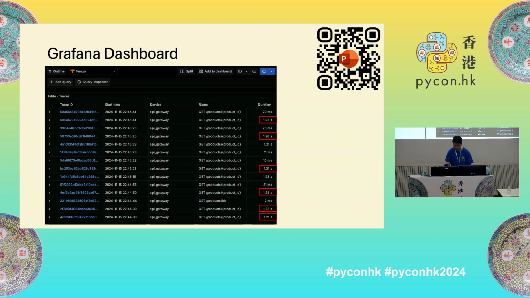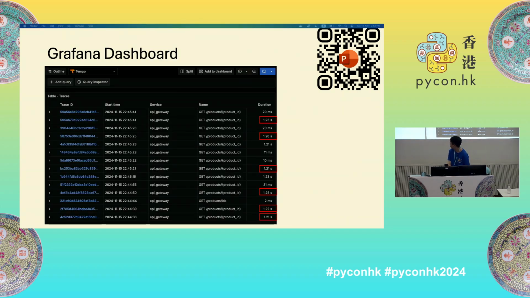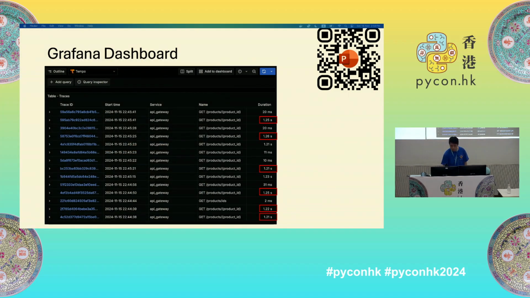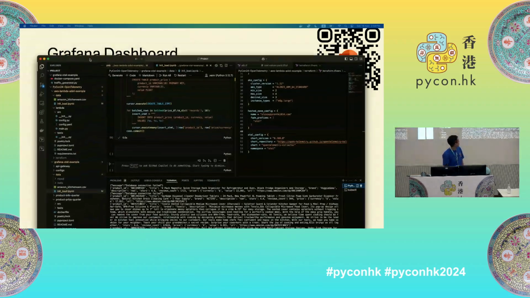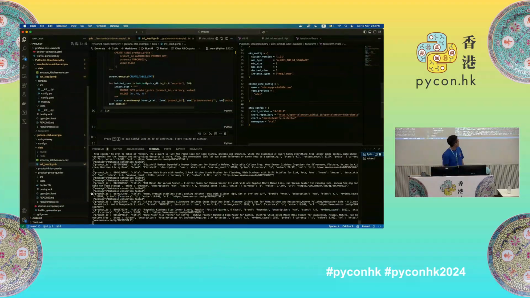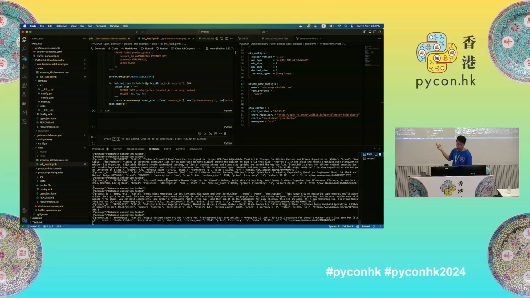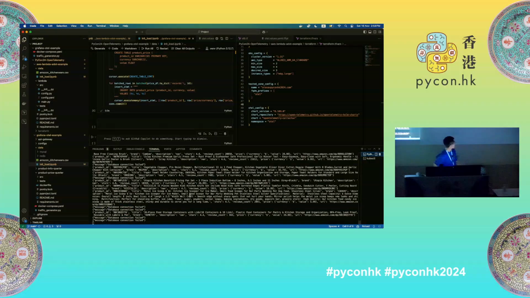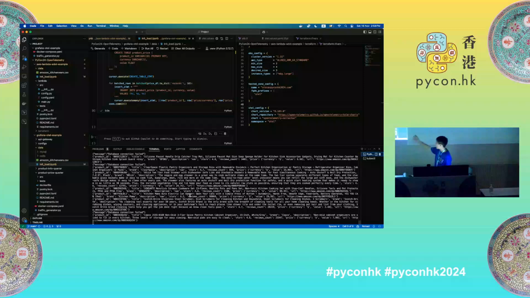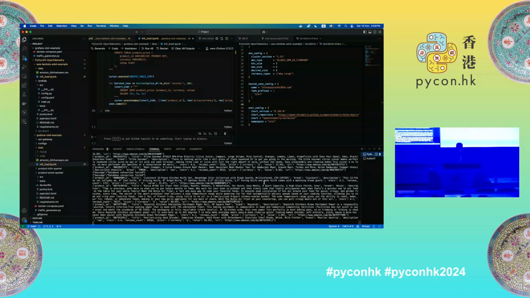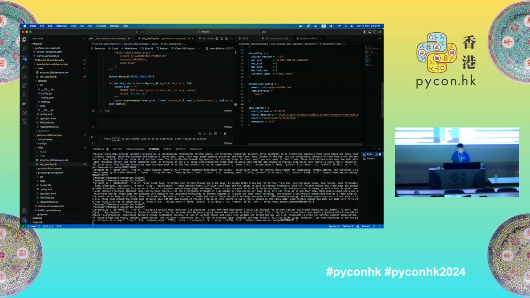So, let me see. So now I'm actually calling the API. Anyway, it is just for generating some server data, so it's really not that big a deal.